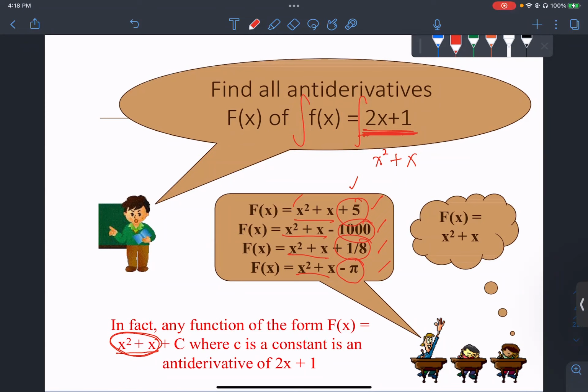To represent that constant, we add plus c. So we have an arbitrary constant c here, and this c could be a positive 5, a negative 1,000, a positive 1/8, or a negative 5. So in finding the antiderivative of any function, we always append the arbitrary constant c at the end, to represent the constant that cannot be recovered after the differentiation process.